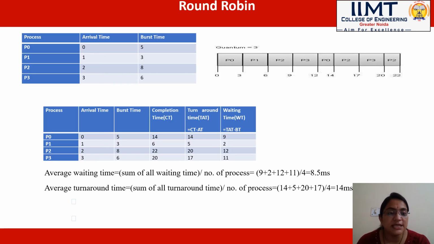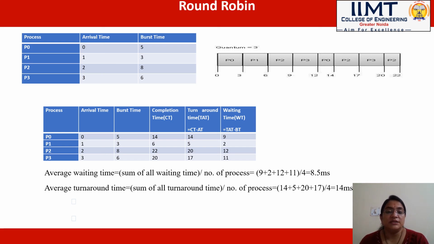In this example, we can see processes P0, P1, P2, P3 along with their arrival time, burst time and quantum time. 3 milliseconds is the quantum time. It means for 3 seconds we can allocate the CPU to each process. First of all, we will make a Gantt chart. At 0 seconds P0 arrives in the ready queue, so we allocate the CPU to P0, and P0 wants the CPU for 5 seconds.